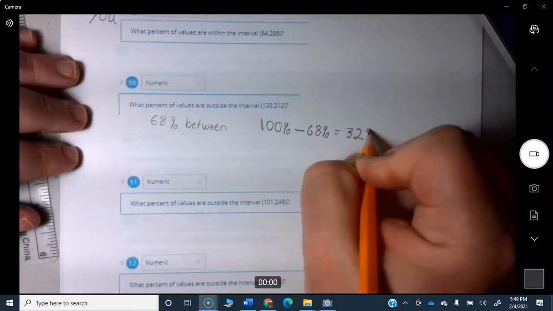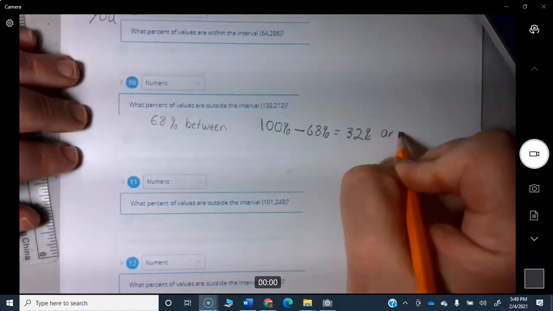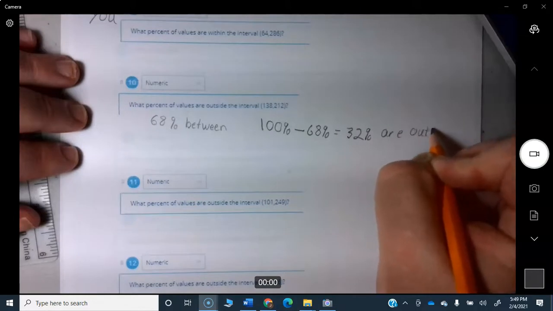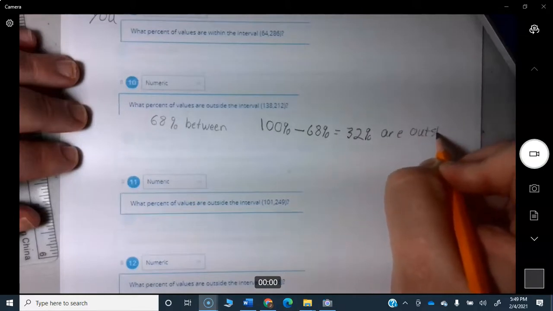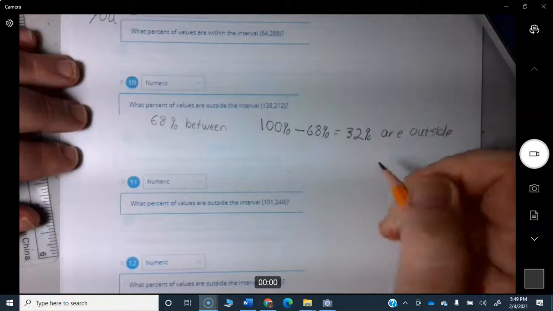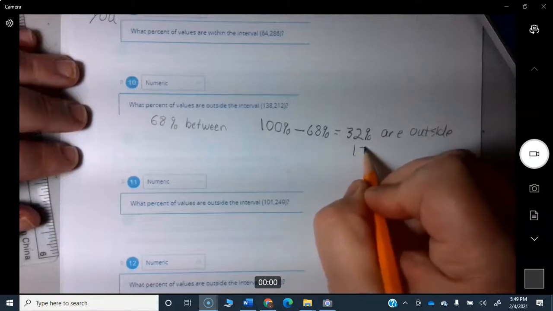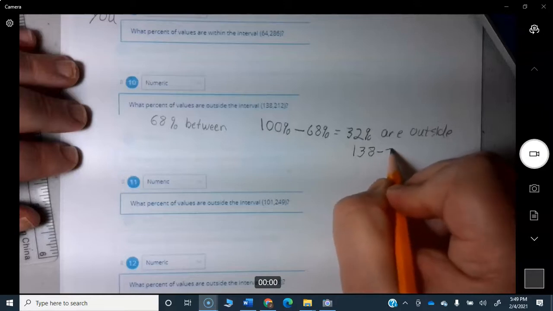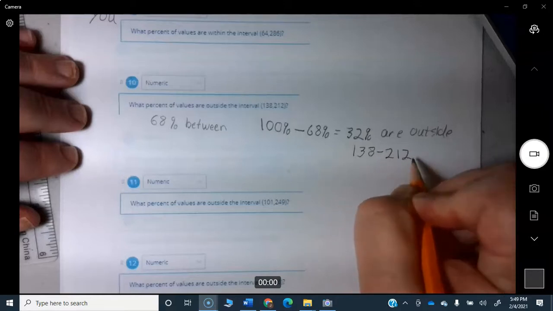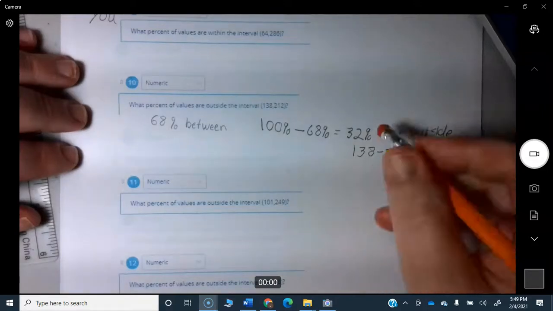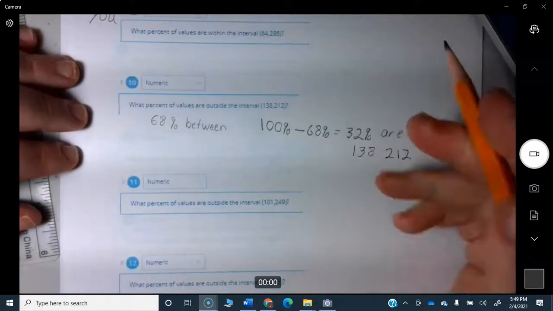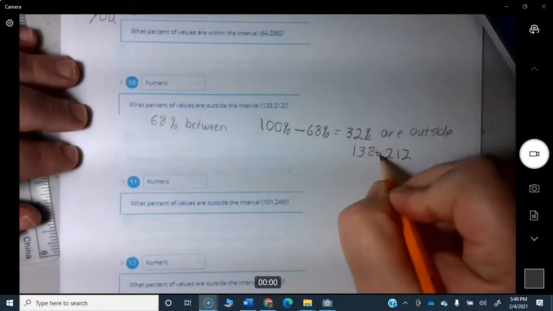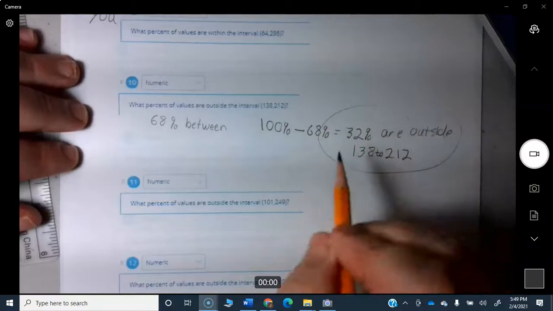So 32% are outside 138 to 212. I'll write 2. That's not minus 212. It's 2 212. Okay, so that's the answer for this one.